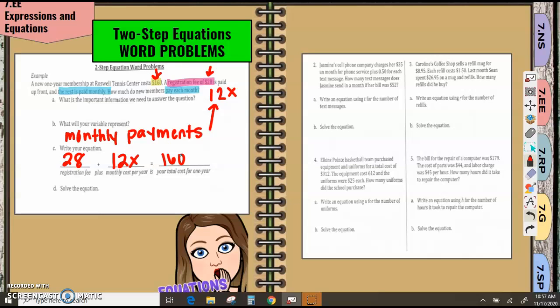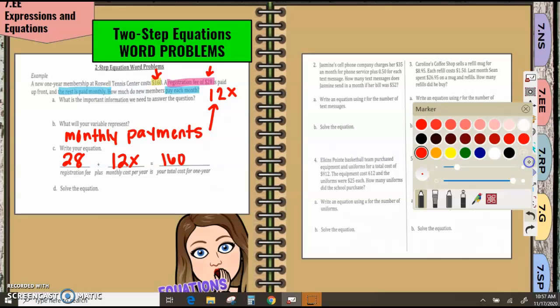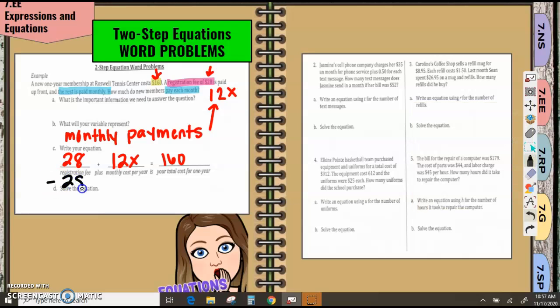Once you have your equation set up, if you have 28 plus 12x equals 160, or if you have 12x plus 28 equals 160, it doesn't matter. It's going to give you the same thing. So now I solve. I'm going to subtract 28 because out of this $160, I know that 28 of that goes to the registration fee.